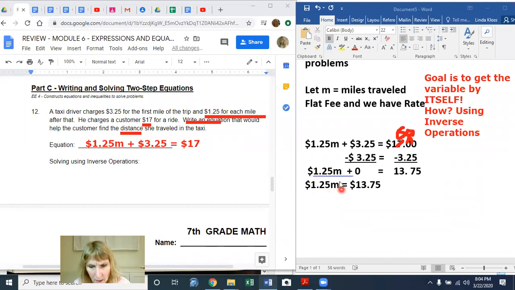So what is the opposite of times? Exactly. So division. So I am going to put that there. I'm going to divide by $1.25. I'm going to put the line there so you know it's division. And I'm going to do the same thing to both sides of the equals. $1.25 on this side.